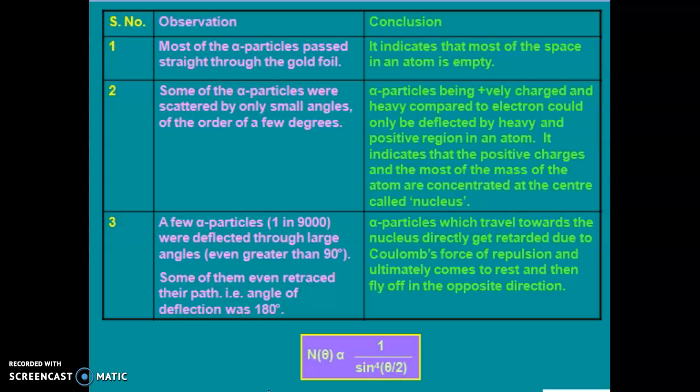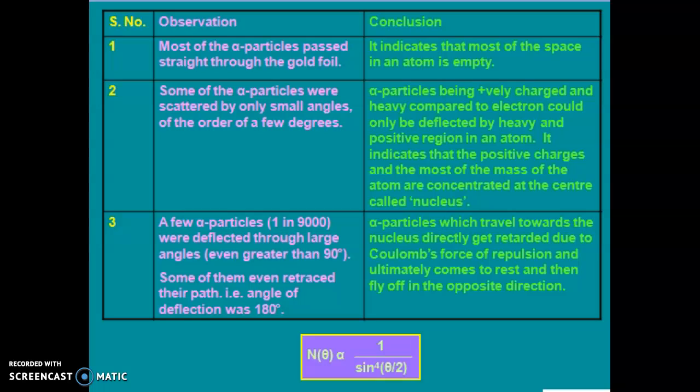He found that in an atom most of the space is empty, and the positive charge and mass of the atom are generally concentrated in a very small region at the center, and he named that center the nucleus of the atom. This was the main discovery that he made based on these observations.